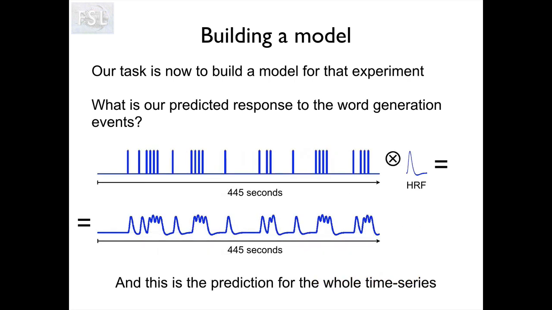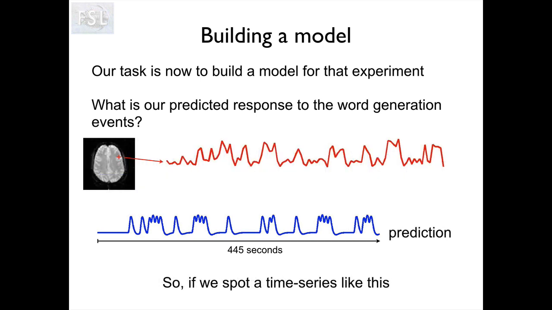And obviously we need to do this for the entire time series. So this is what we predict that the response in the brain would be to the word generation events, right?